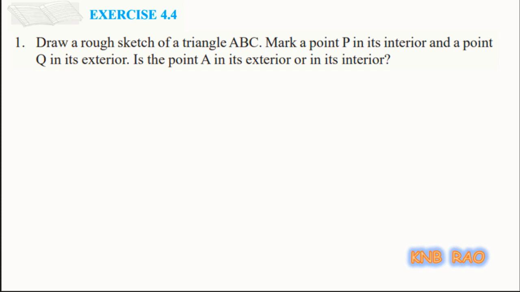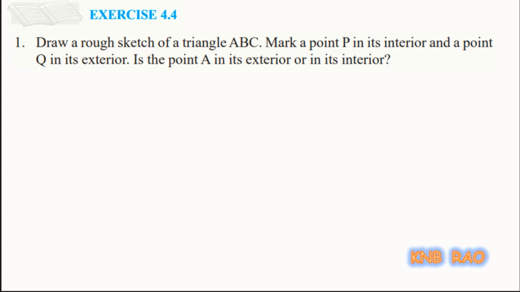Draw a rough sketch of a triangle ABC. Mark a point P in its interior and a point Q in its exterior. Is the point A in its exterior or in its interior? Now let us go for constructing triangle ABC.